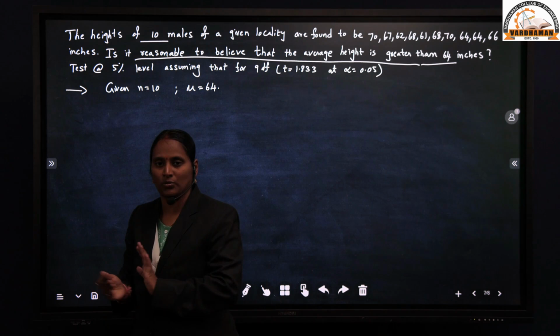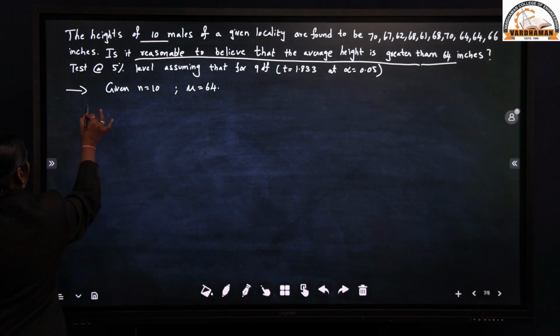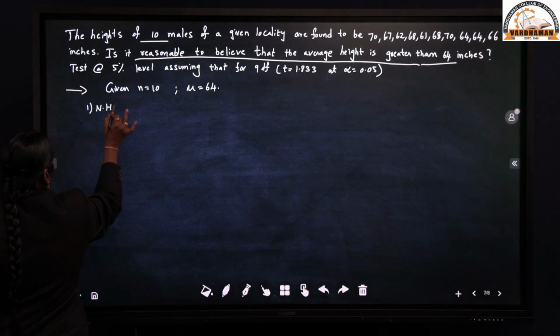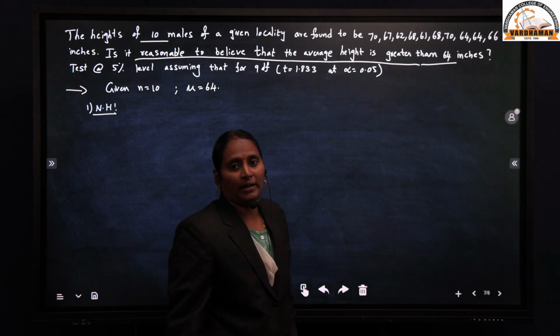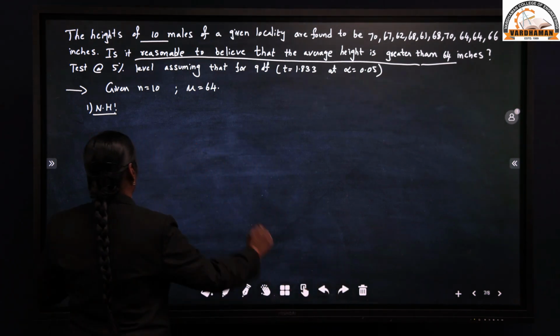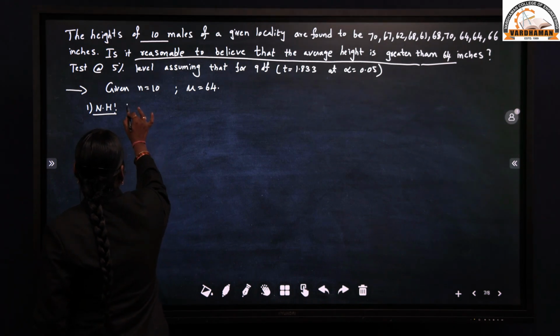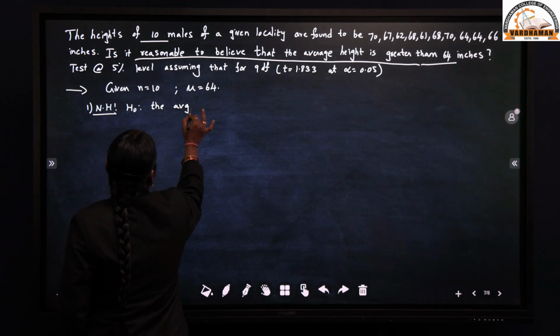So first we have to set up a null hypothesis for the given problem. The first step is the null hypothesis. Is it reasonable to believe that the average height is greater than 64? They are doubtful about the given data. So the null hypothesis H naught, which is whatever we are checking in the given problem, is that the average height is not greater than 64.